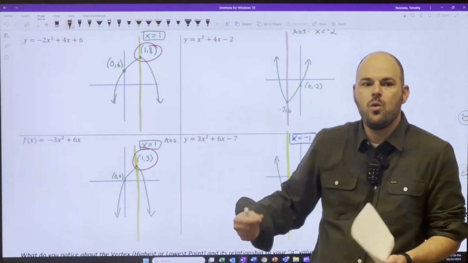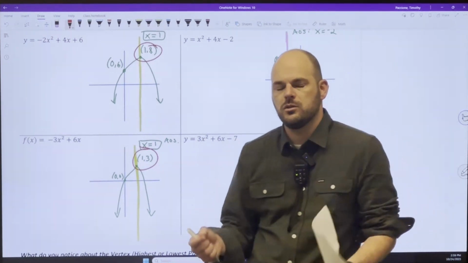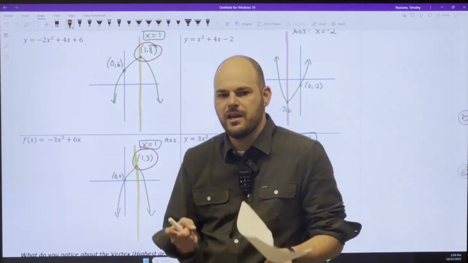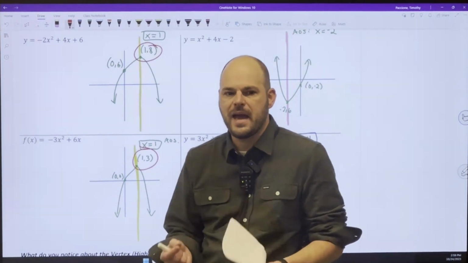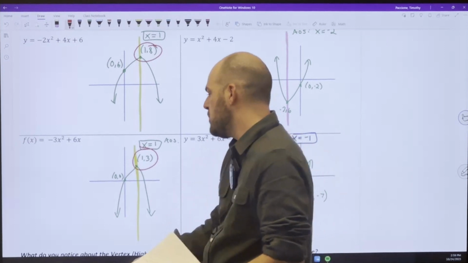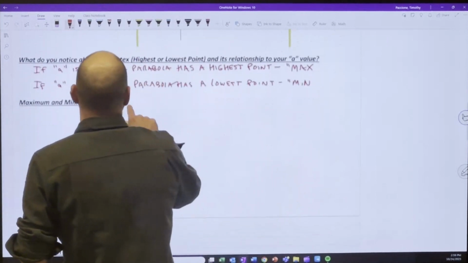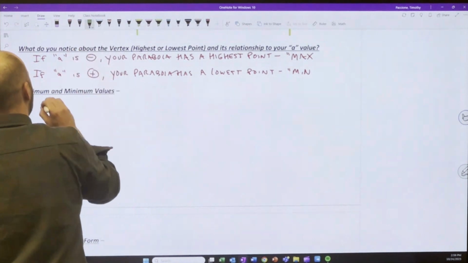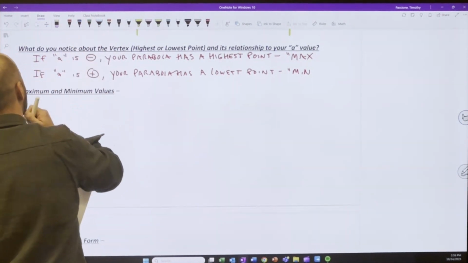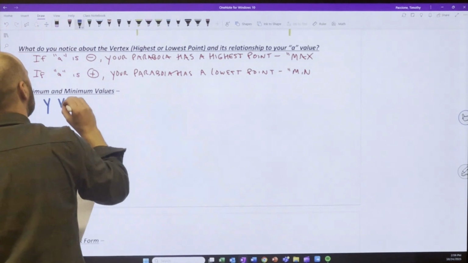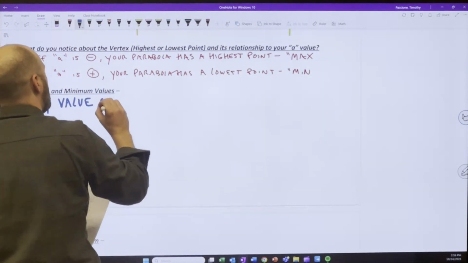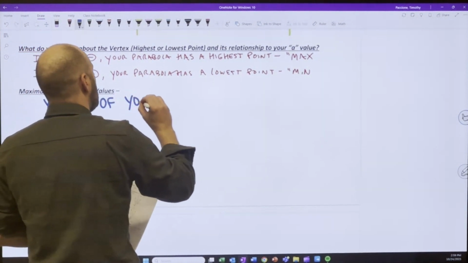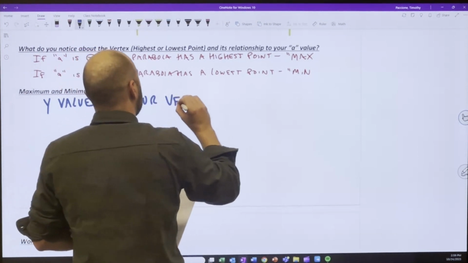So what really matters here when we're talking about highest or lowest point? The y value of our vertex. That's our max and our min, right? That's what matters. So maximum and minimum values are the y value of your vertex.